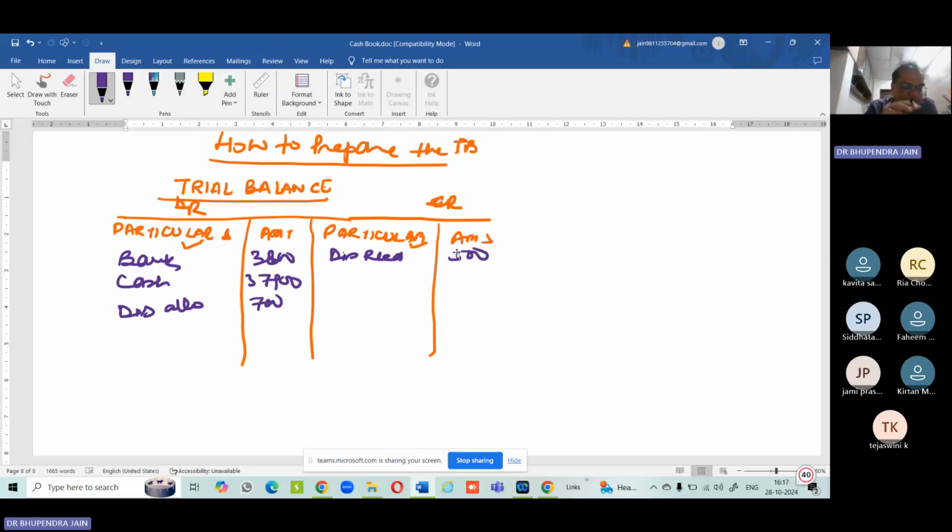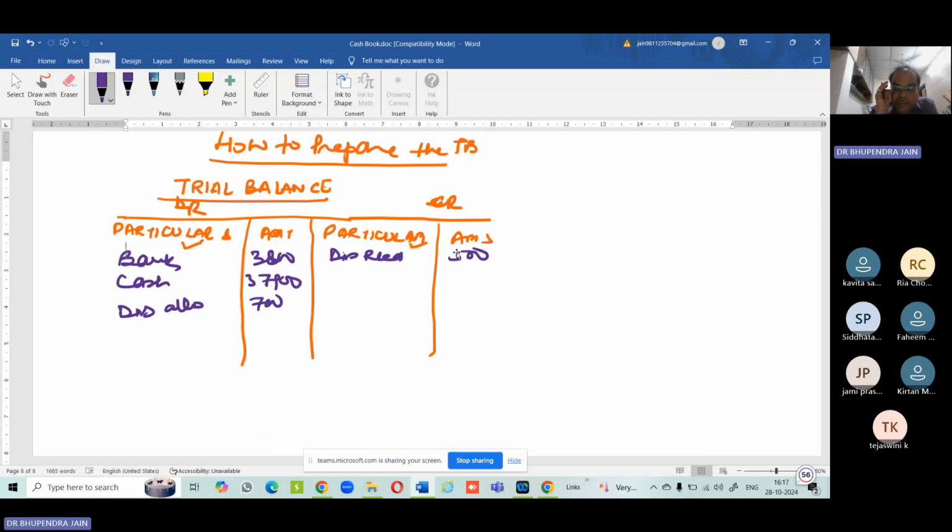Meaning, first prepare the ledger and the closing balance of the ledger we write down on one paper. This is called the trial balance. First we prepare all types of ledgers and calculate the closing balance, and the closing balance is transferred to the trial balance, using any of the methods to prepare the trial balance.